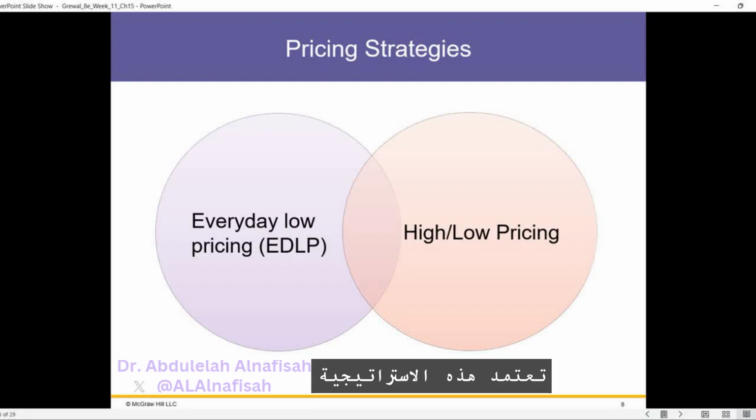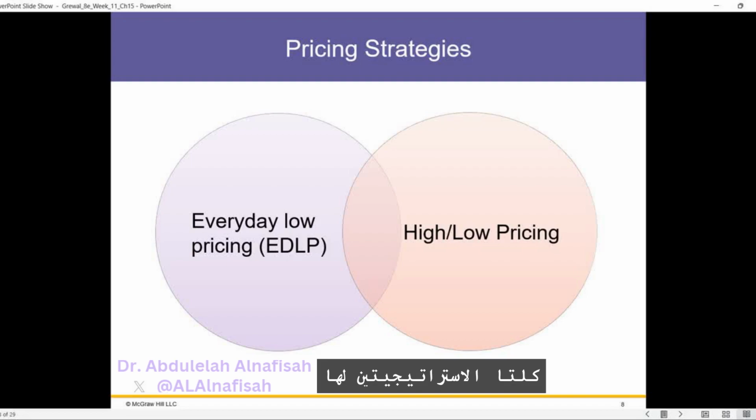This strategy relies on creating a sense of urgency and excitement among customers by offering limited time discounts or special deals. The regular prices in a high/low pricing strategy are often higher than in an EDLP approach, with the expectation that customers will be enticed by the lower promotional prices.